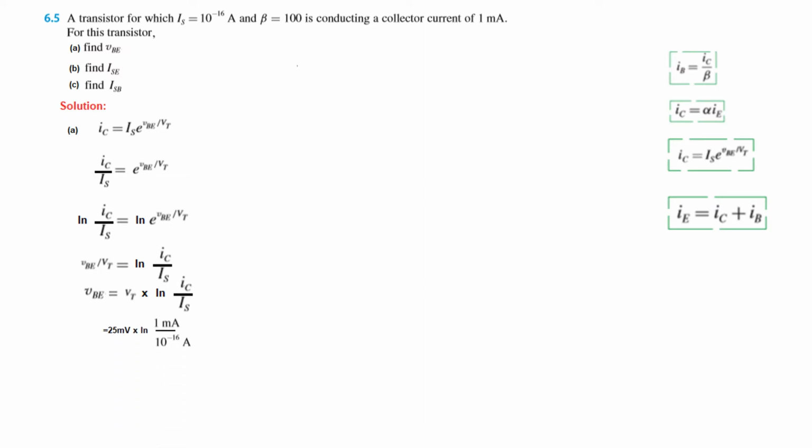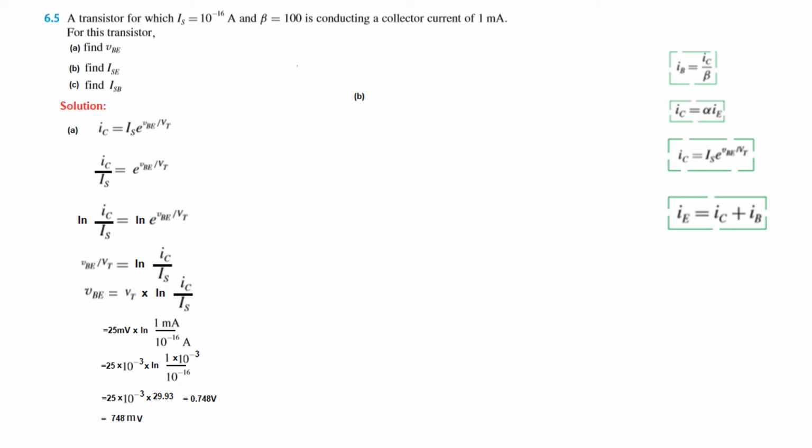Now we plug in the values. We know that VT is 25 millivolt at normal room temperature. IC was given here 1 milliampere, and IS is also given, 10 to the power minus 16 ampere. So VBE can be calculated to be 0.748 volt or 748 millivolt. So this is the first part.